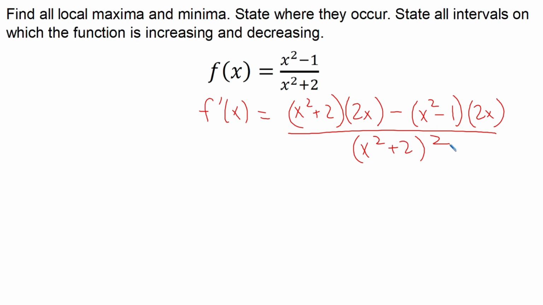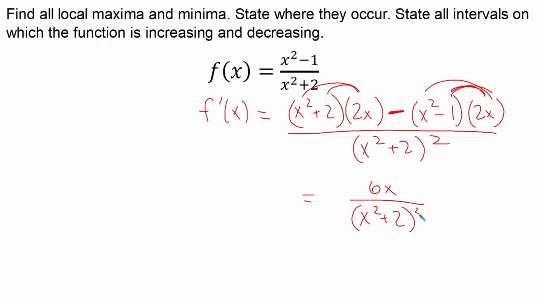A little bit of simplification there, and we can see that this is going to be a 2x cubed, and this is going to be a 2x cubed, and there's a minus sign in between them, so those are going to cancel. And we're going to have a 4x minus a negative 2x. Well, 4x minus a negative 2x ought to just be 6x. So this is 6x over x squared plus 2 squared.